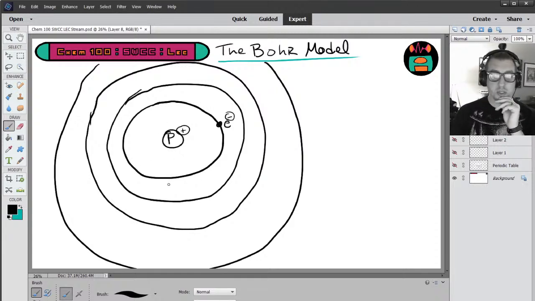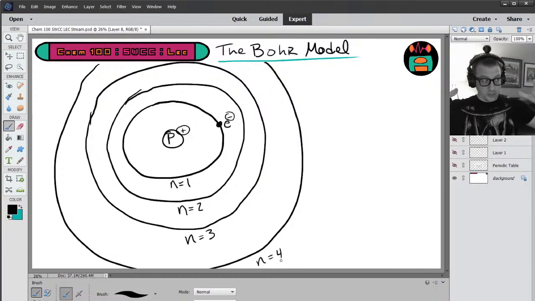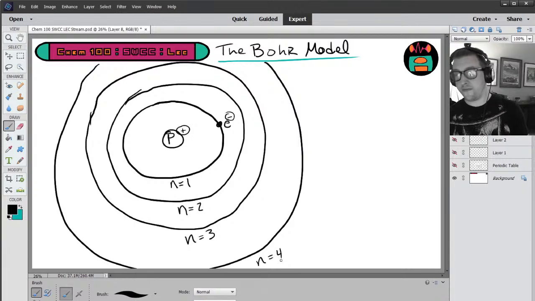So it can either be in this first one, which we label n equals 1, or it could be orbiting in an outer orbit, n equals 2, or n equals 3, or n equals 4. They get larger and larger, farther and farther from the nucleus.